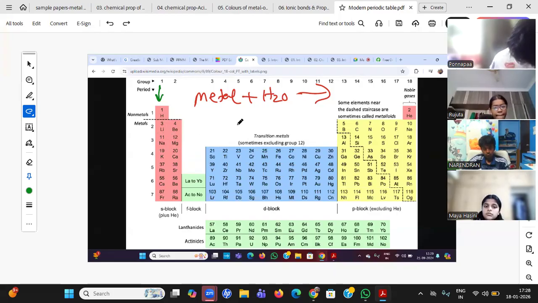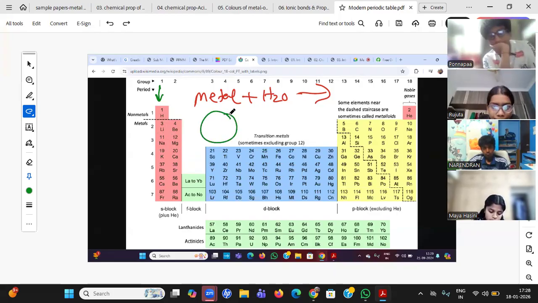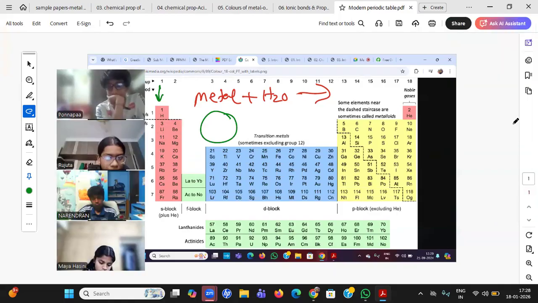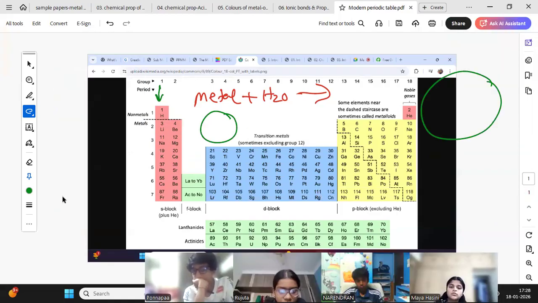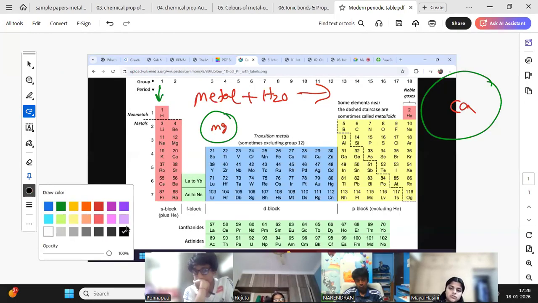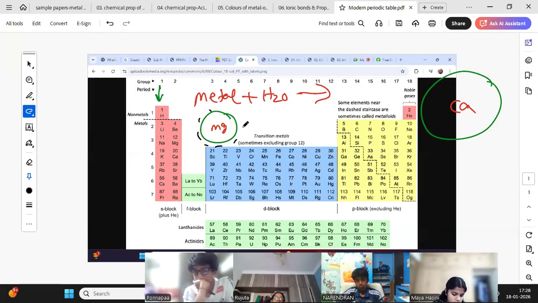Magnesium's atomic number is 12. If I draw magnesium and calcium, obviously magnesium, with atomic number 12, will be smaller. Calcium, with atomic number 20, will be bigger. Electrons are revolving around the nucleus. In the smaller atom, the protons and electrons are strongly bound.